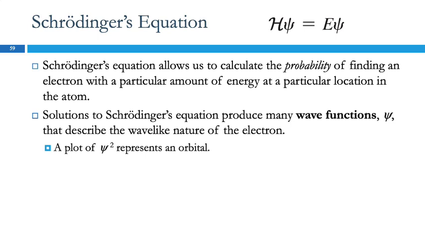So solving this equation gives not single answers, numbers, but gives us wave functions. The wave functions describe the wave-like nature of the electron. And so if you plot that wave function squared, that represents an orbital.